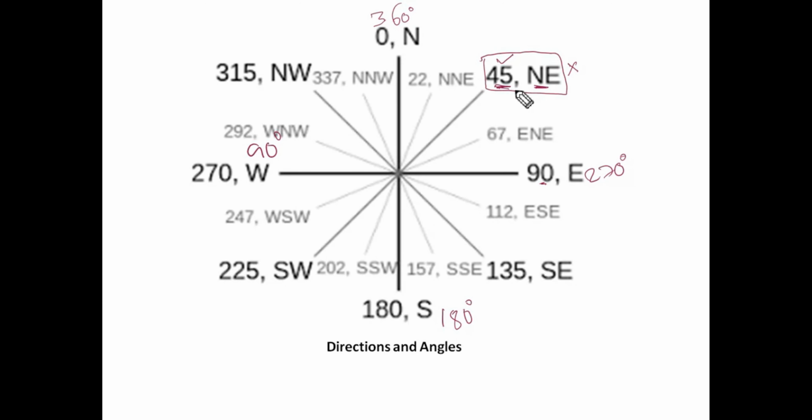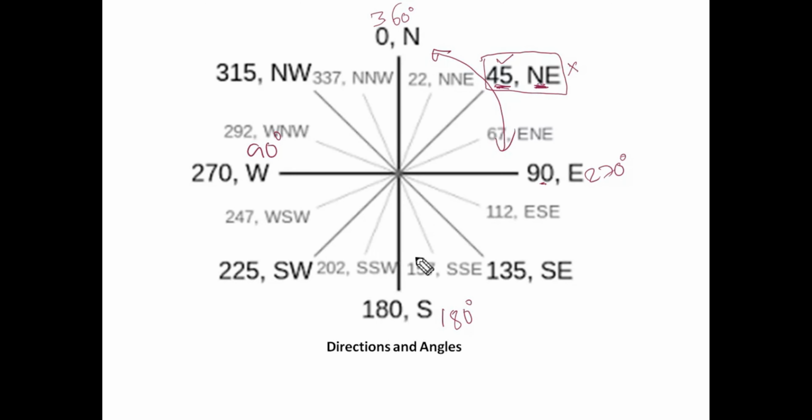Northeast is not a single line. Northeast is not a particular direction. It is a derived direction, or we can also call it a region. Northeast is a region between north and east. It is the complete region between north and east.